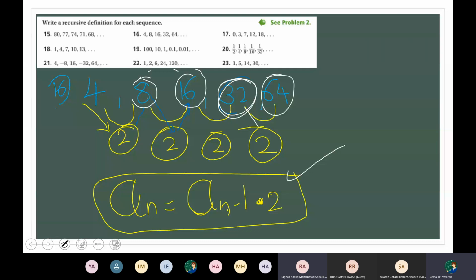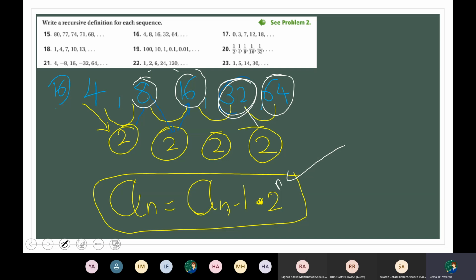Teacher, I got a different formula but the same answer. I got a of n equals a of n minus 1 plus 2 raised to the power n. Okay, so it is plus, it's not multiplication. Yes, I told you I can find it from finding the difference, but it's easier for me from the ratio.